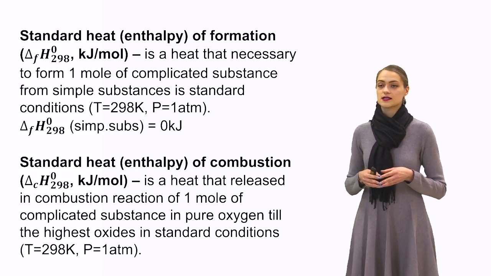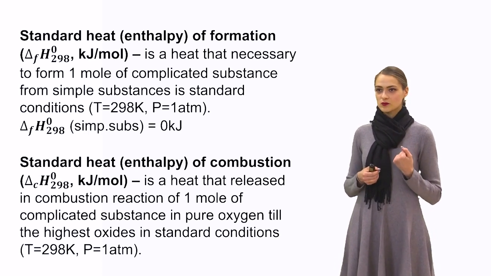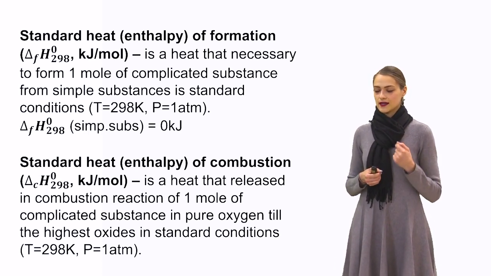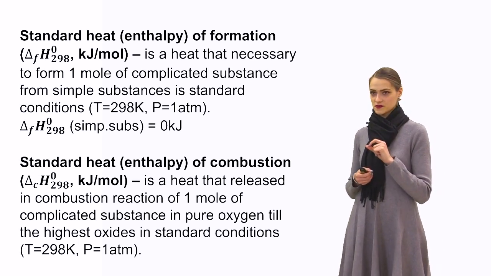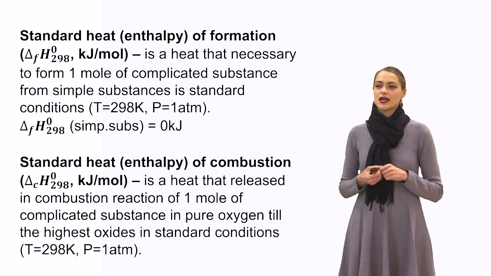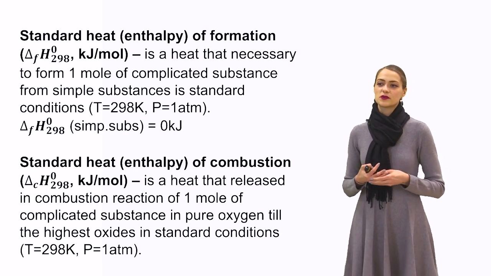because I said that the standard heat of formation is the heat that we need to produce just 1 mole of substance. And as well, we need to keep in mind that we produce it from simple substances. But simple substances can be in different allotropic forms.